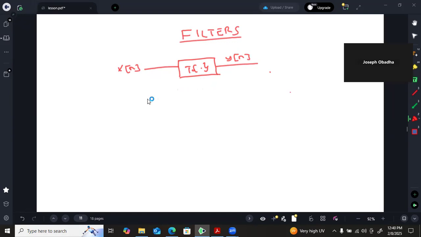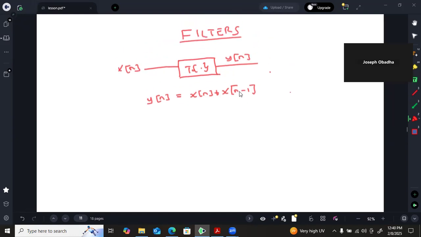For example, if I have y of n equal to x of n plus x of n minus 1, then we are simply saying that when the system gets the input x of n, it adds it to its delayed version x of n minus 1 to get the output.